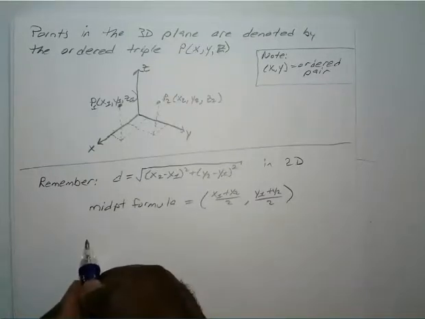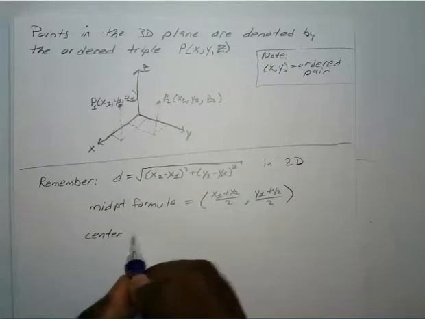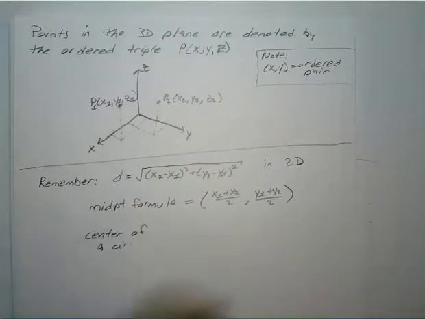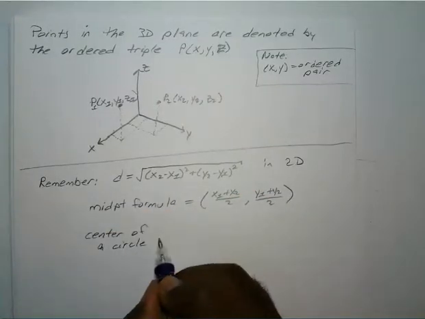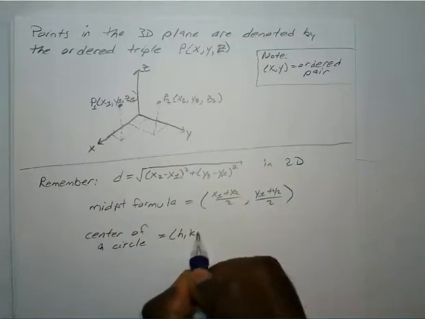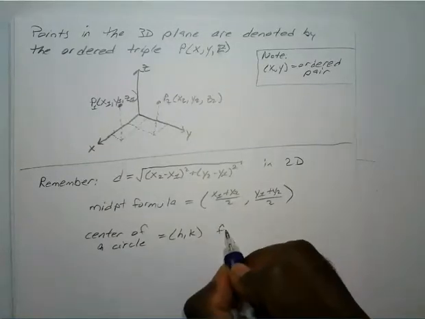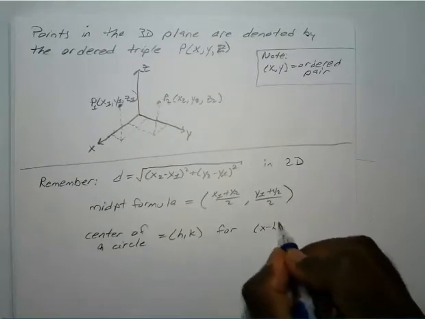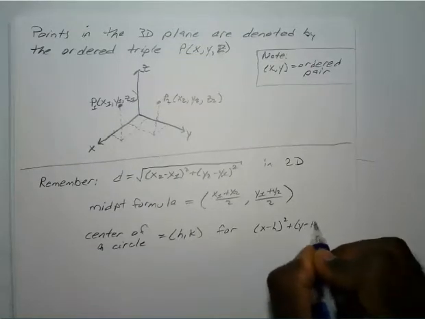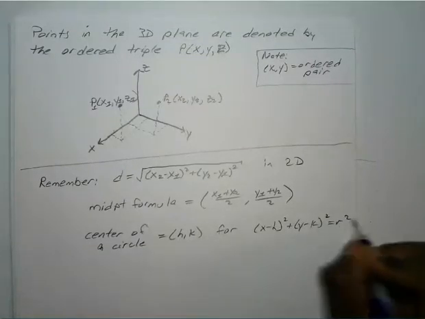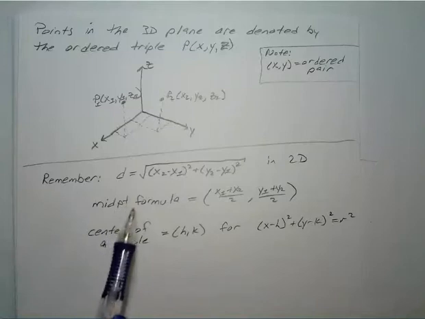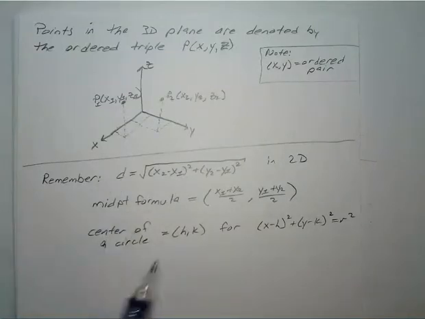We also knew that the center of a circle was (h, k), from the equation of a circle, x minus h squared plus y minus k squared equals r squared. So these are all the things we had for 2 dimensions: our distance formula, our midpoint formula, and our center of a circle.